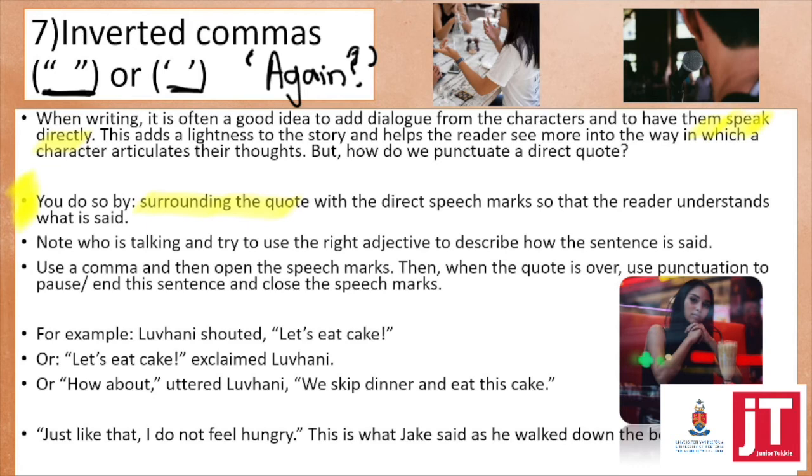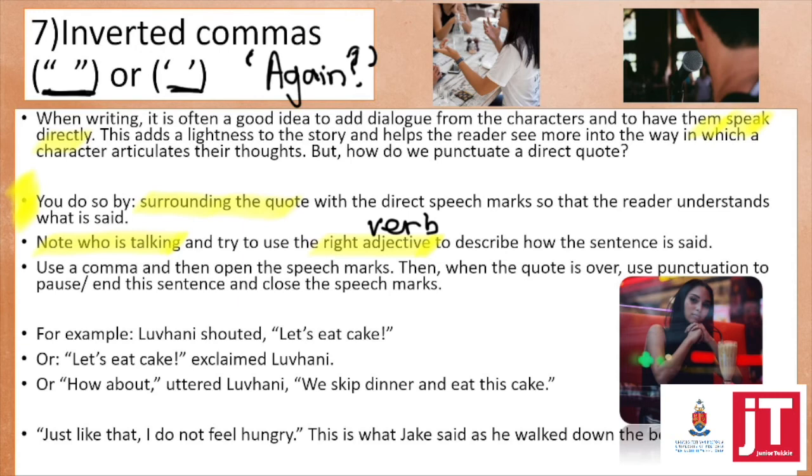Note who is talking. You must always indicate who is speaking. Note who is talking and try to use the right verb, sorry guys, it's not an adjective, it's a verb, to describe how the sentence is said.